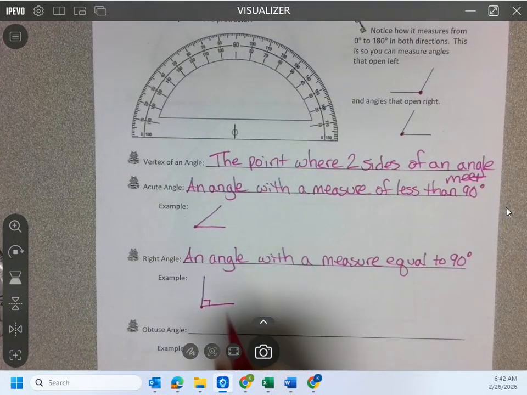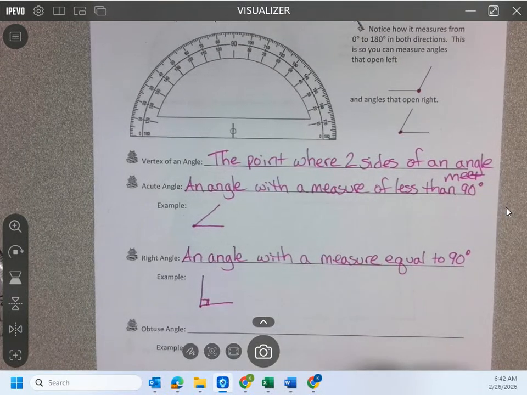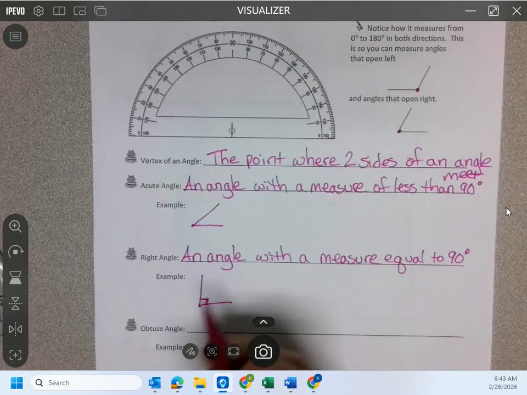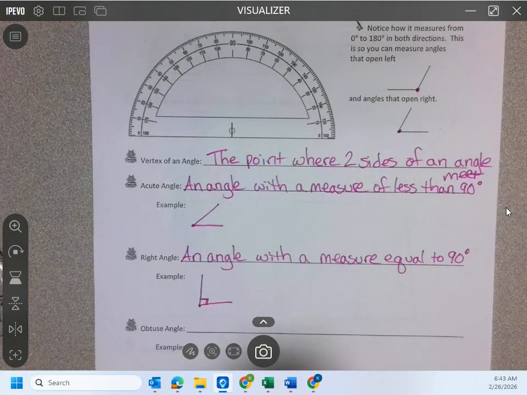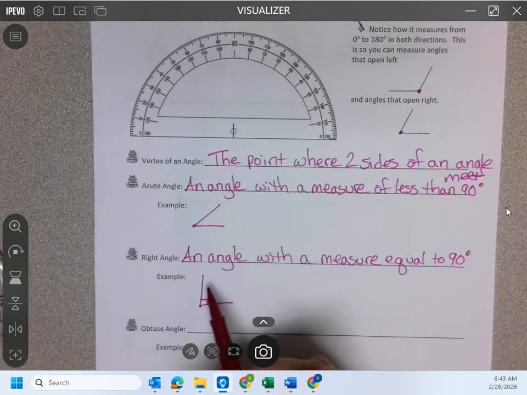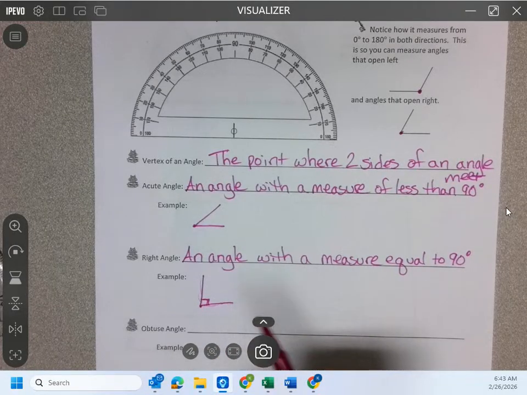And that's to show that this is exactly a right angle. It is exactly 90 degrees. Now, I drew this by hand, so it is not exact. But if I put that box in there, even though it doesn't measure exactly because I freehanded it, we know it represents 90 degrees. So the acute angle is less than 90 degrees. It's going to be smaller than the straight up and straight across.